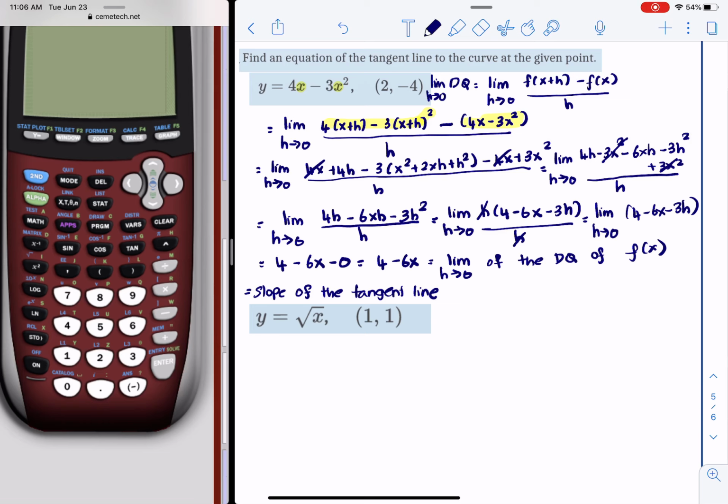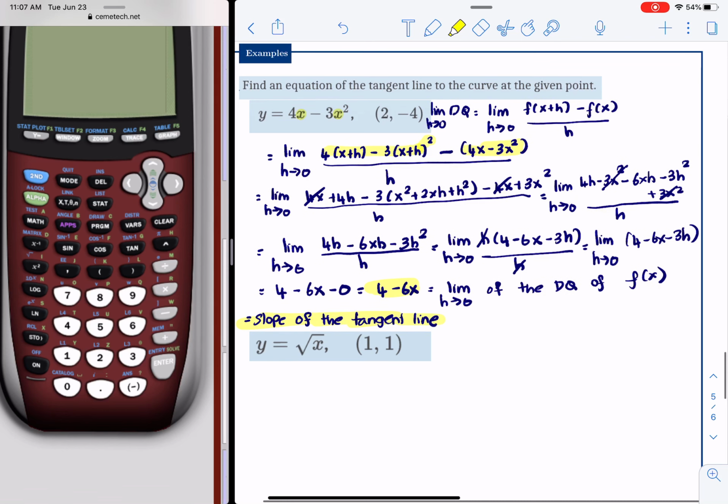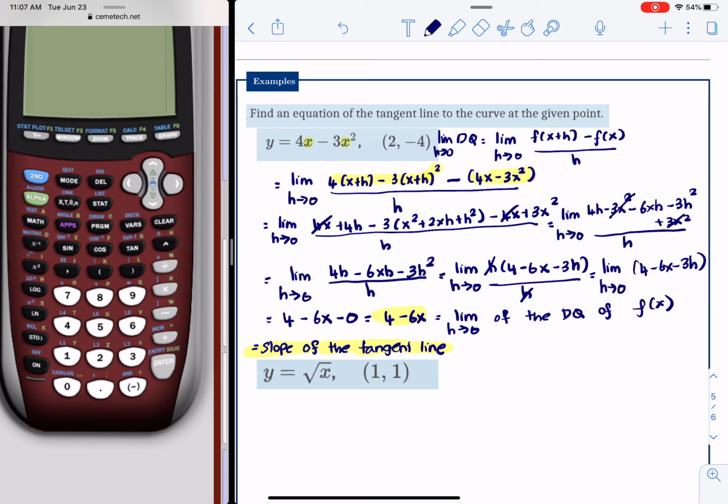So we have a point, and at that point we can find the slope of this function. So all we have to do is find m. So how do we find m? We have the slope expressed in terms of 4 minus 6x, because that is the slope of the tangent line. And if we plugged in 2 in that equation, y equals 4x minus 3x squared.